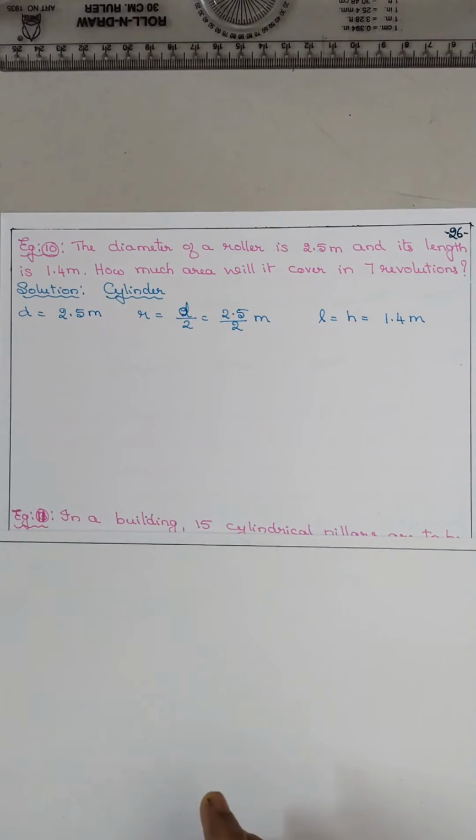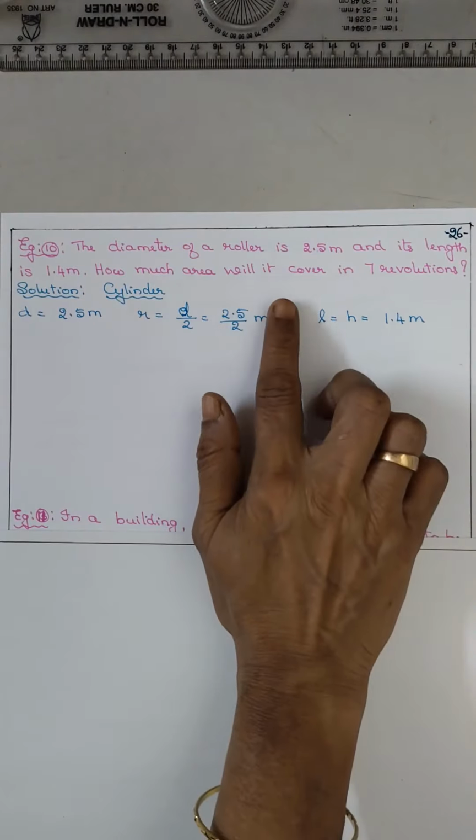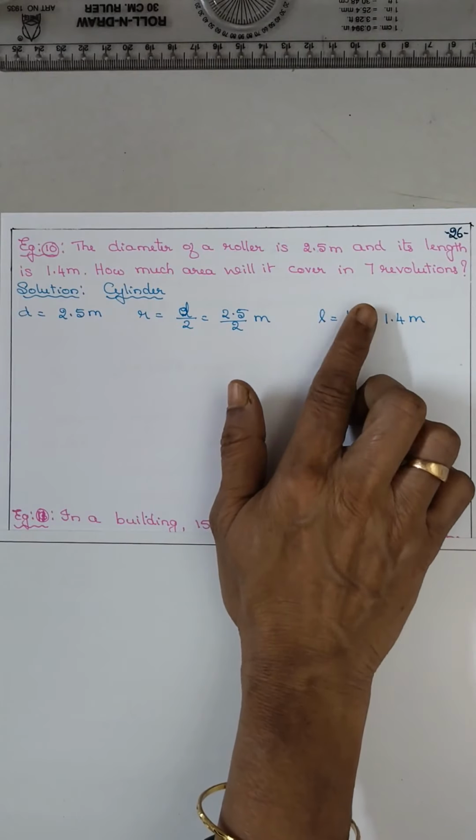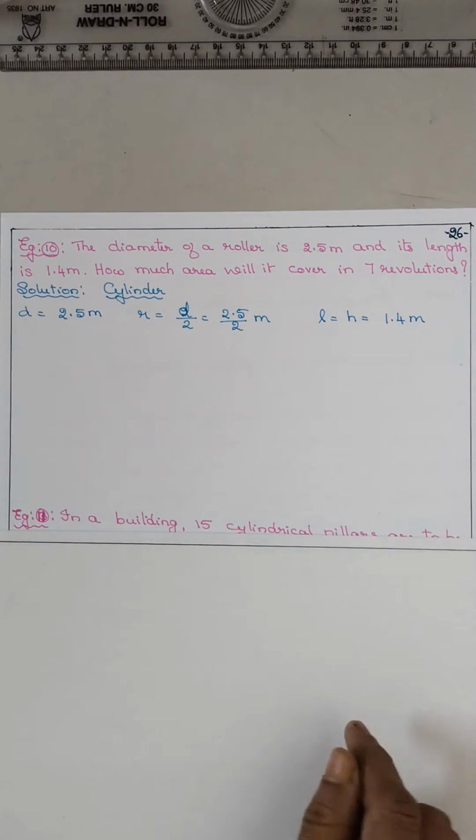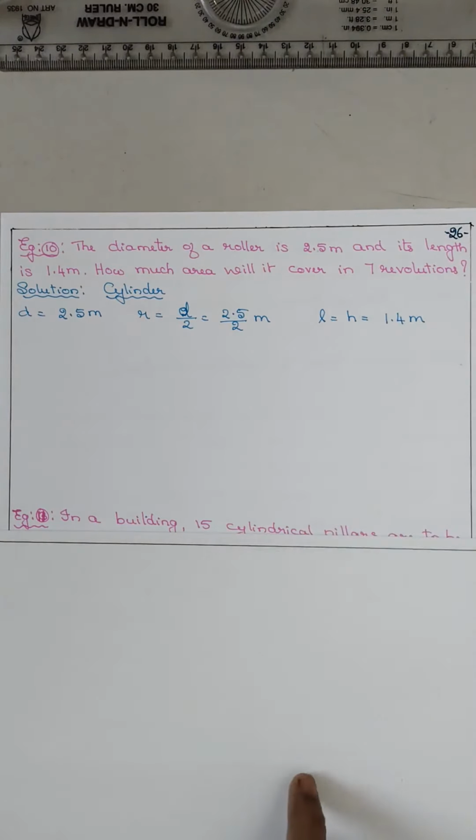You have to understand whether we have to find the CSA or the TSA. If such questions are asked, we have to find the CSA and then multiply by 7. Why? 1 revolution is the CSA, but for 7 revolutions, it is CSA into 7.